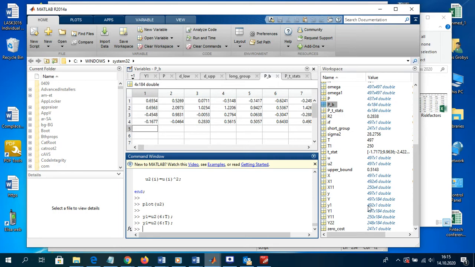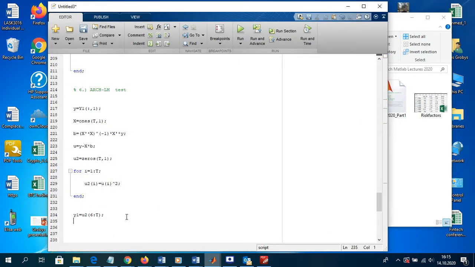Sorry, yes, exactly. It's a 492 by 1 vector, because 497 is the original length in the time dimension, and minus 5 is 492. So yeah, this is correct, obviously.